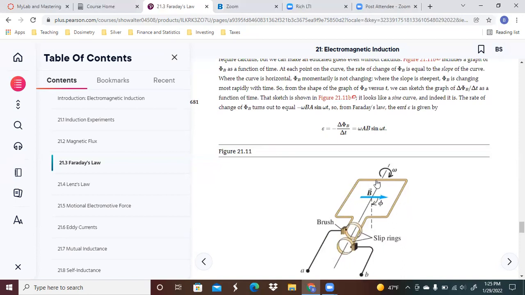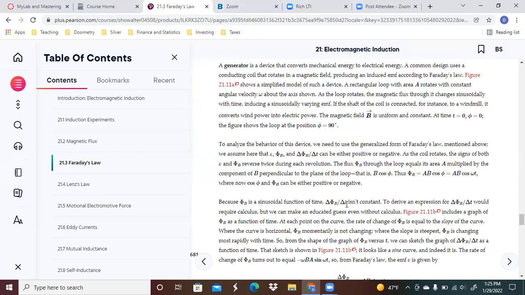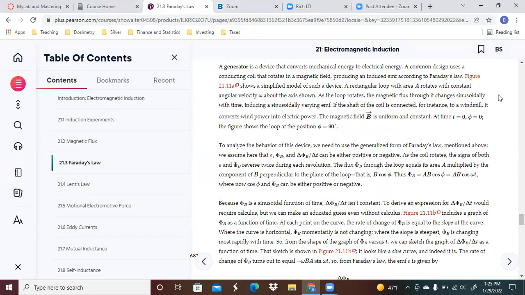So this area A rotates through. And as it rotates, the magnetic flux through it changes sinusoidally with time, inducing a sinusoidal varying EMF. So if the shaft of the coil is connected to a windmill, it's going to convert wind power into electrical power. So the magnetic field is uniform and constant.